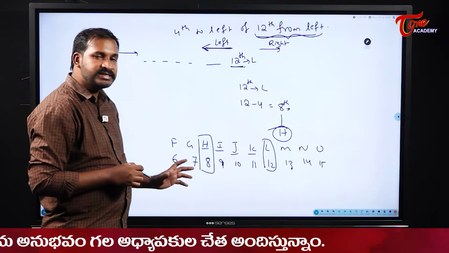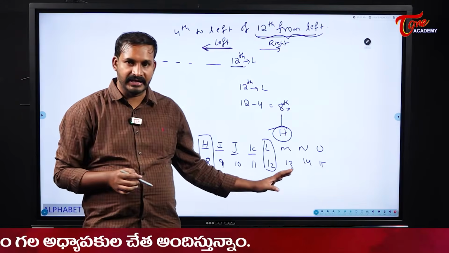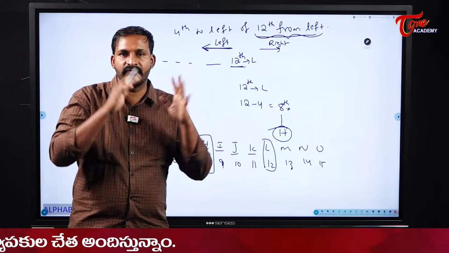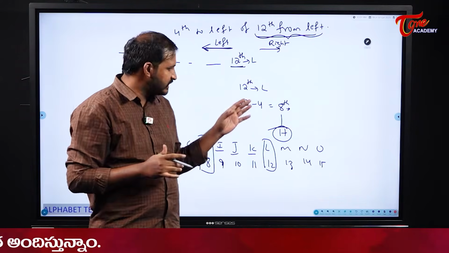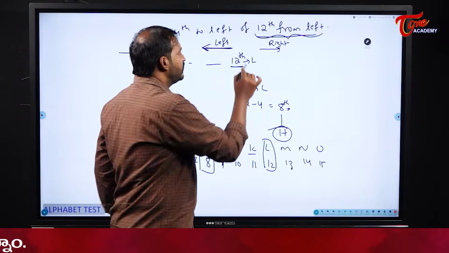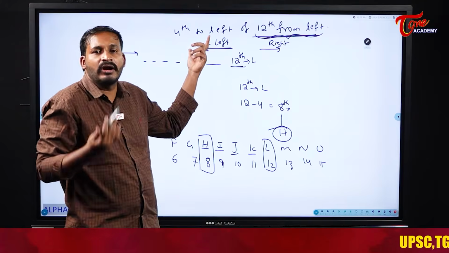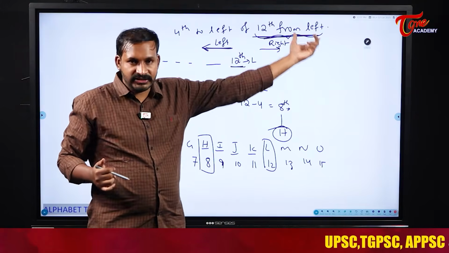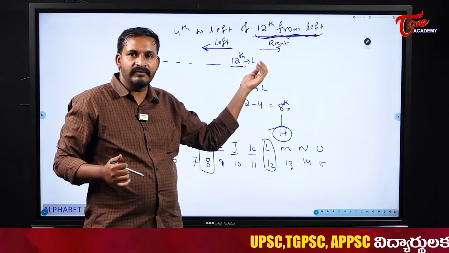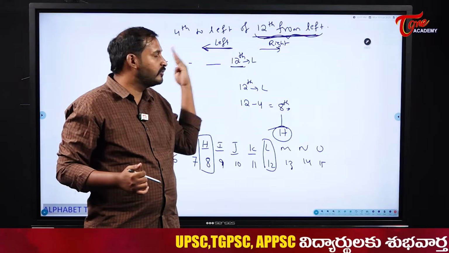Yes, sir. So, each and every time there is no need to write in this manner, students. Just from our visualization and observation itself, we should tell the answer. First, we need to identify what to do first. Here, 4th to left of what? 12th from left. So, first I should locate the 12th from left. To its 4th left means will you move towards left or right?